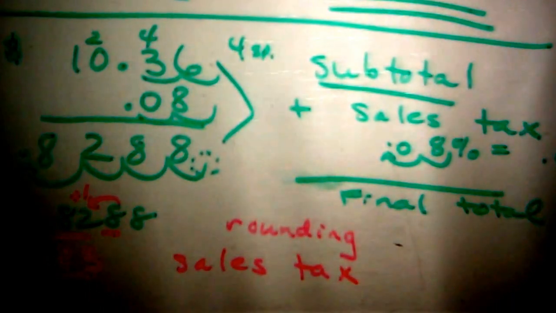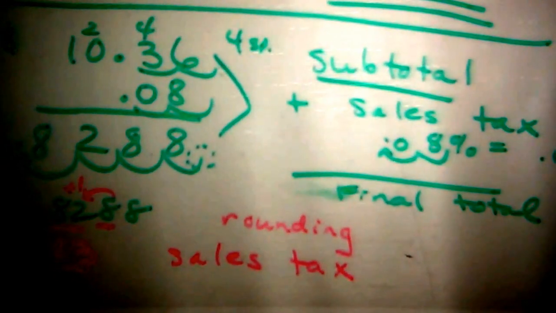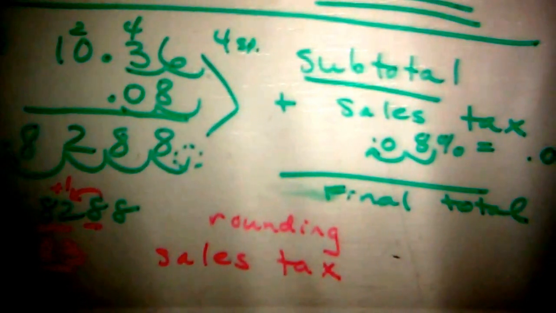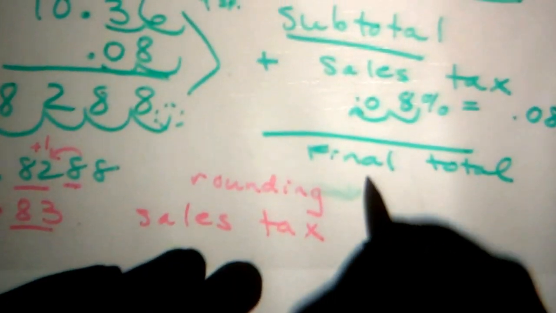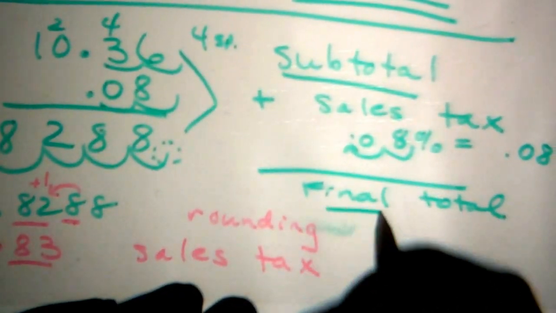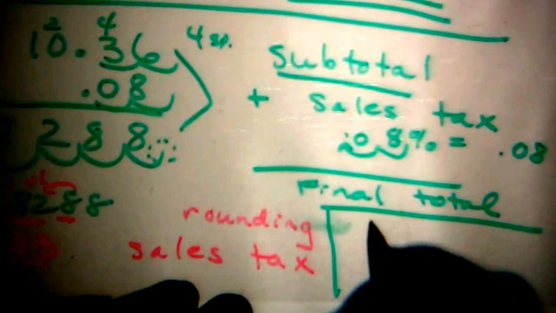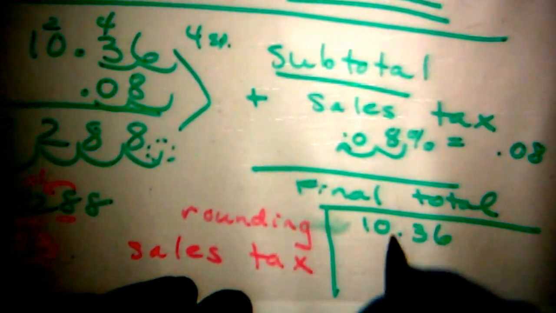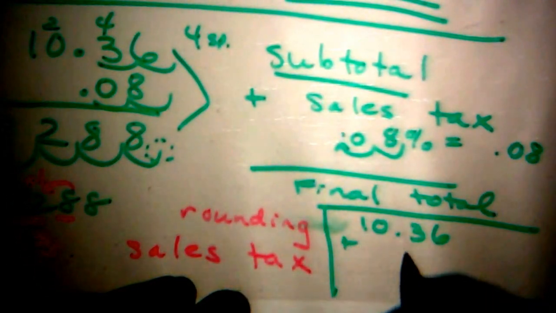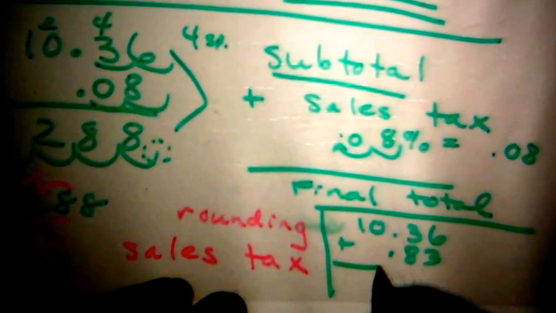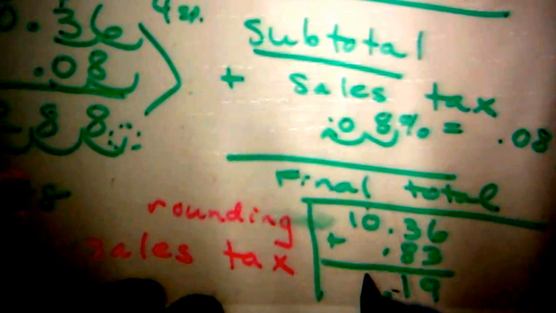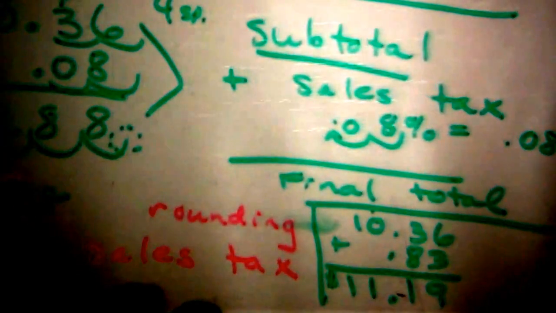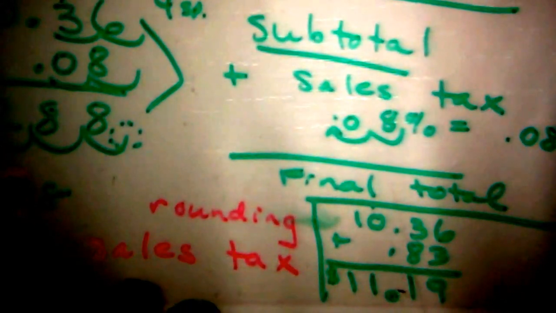I'm going to add the 83 cents to my $10.36 purchase price. So $10.36 plus 83 cents, 9, 11, carry the 1. I'm going to pay $11.19 total.